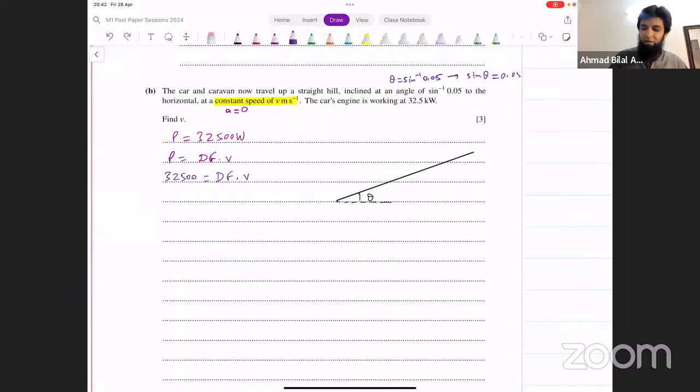So if we had to use sine theta somewhere, we could directly input this value there. We don't necessarily have to find the value of theta and then find sine theta again. Generally, that's why they sometimes give you an angle like this, because you have to use sine theta, and in place of that, you can just input 0.05. Okay? All right. So this is what the inclined surface looks like.